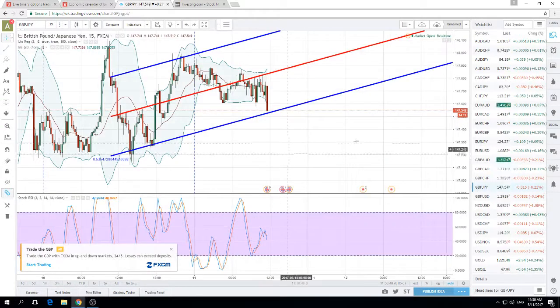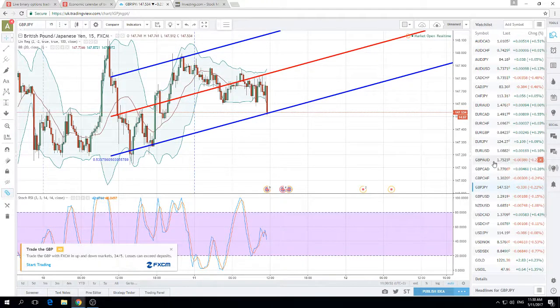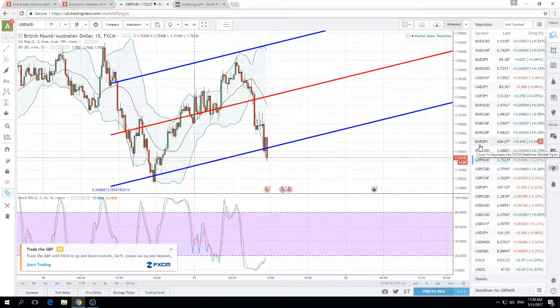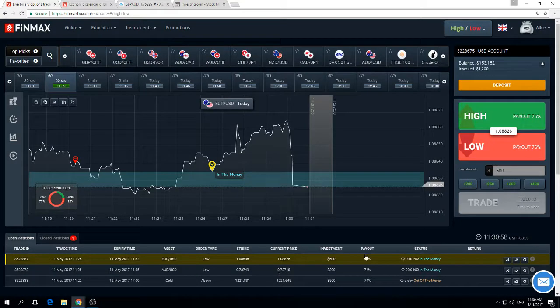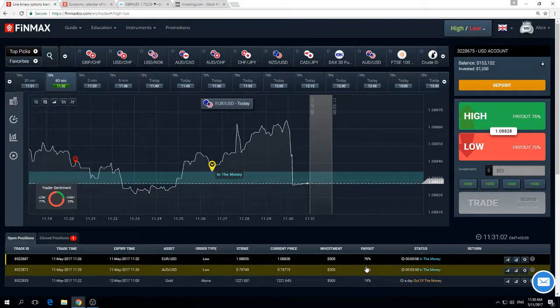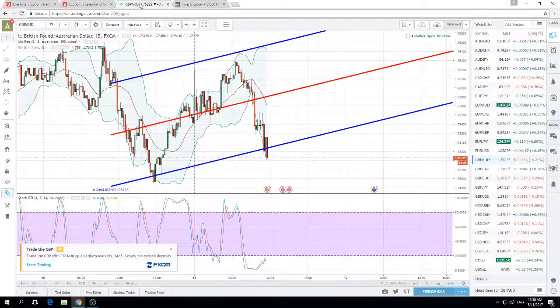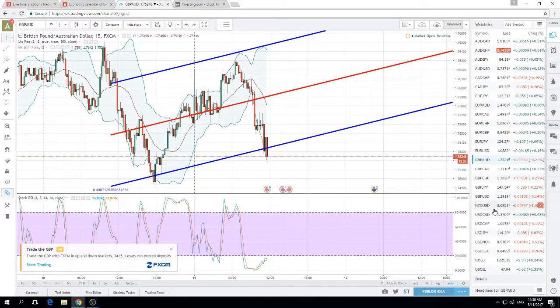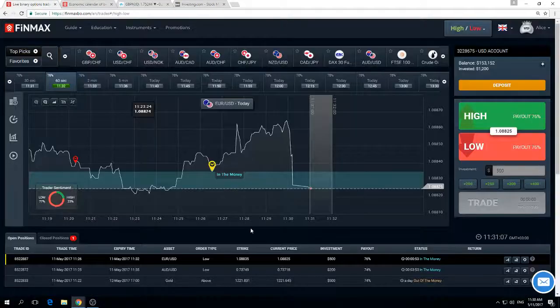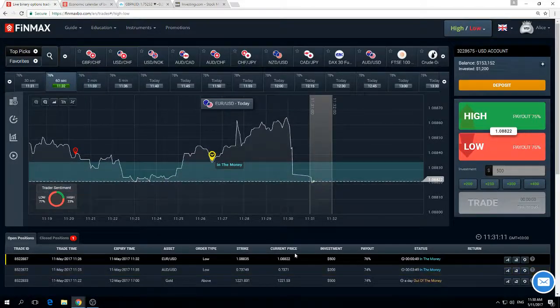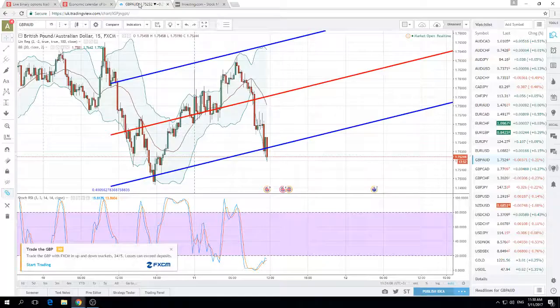We see that British pound started to lose its strength within even the short limits, and thanks to that, the euro also went down. So it may influence our trade to expire in the money.